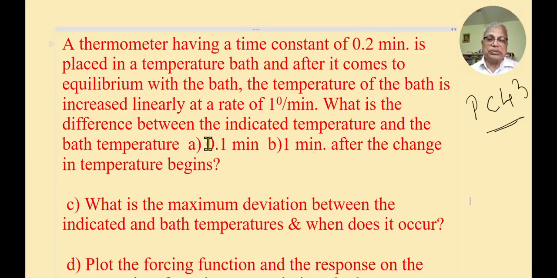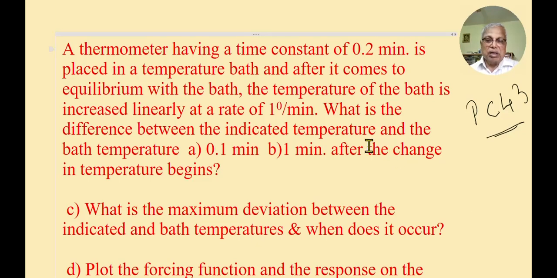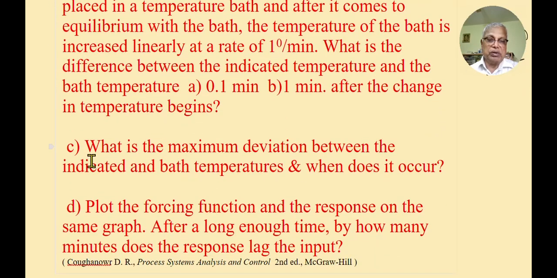We first found an expression for the difference between the indicated temperature and the bath temperature, in our notation x minus y, and determined the values of this error x minus y at 0.1 minute as well as 1 minute. This was done in PC43, and this class is a continuation of it, where we are going to solve part C and part D.